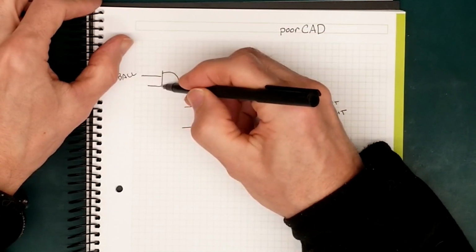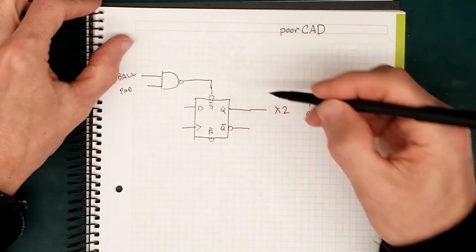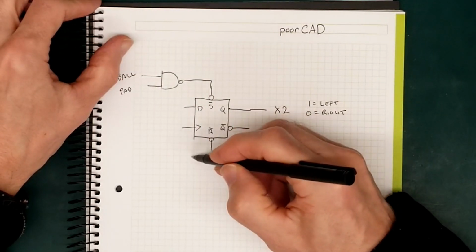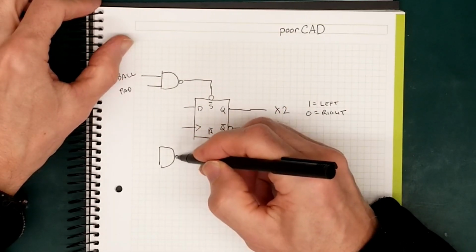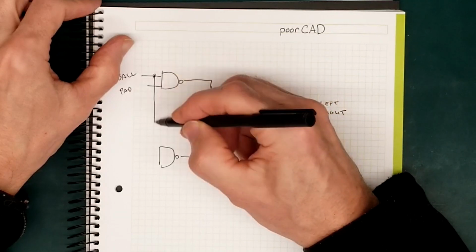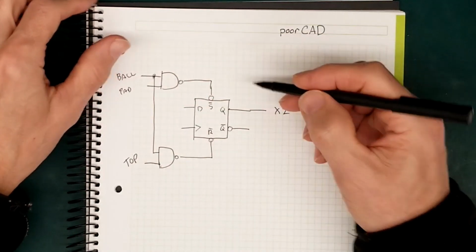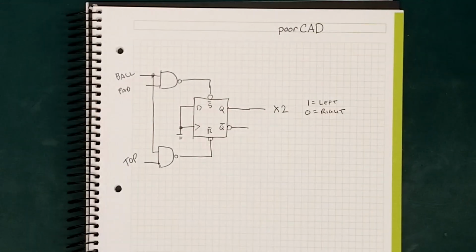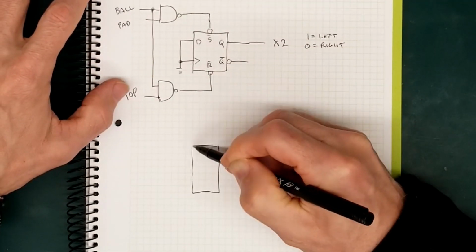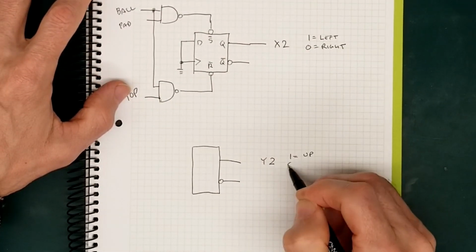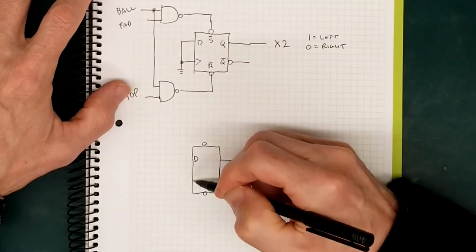Next, we'll check when the ball hits the paddle and set the latch. And when the ball hits the top boundary, we'll reset. And we'll do the same for the y-axis using the left and right boundary signals.